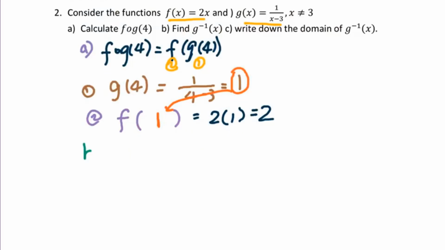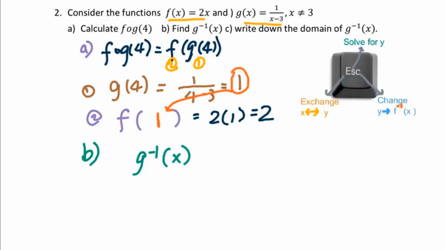For b, find the inverse of g of x. For the inverse function, remember the ESC button. E stands for exchange x and y, S stands for solve for y, C then change y into the inverse function symbol.